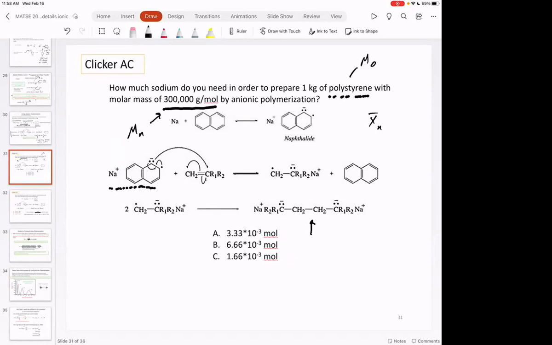And so now we can figure out, okay, this is my degree of polymerization. I've got a sodium on each side, right? Remember this chain, once we make it a chain, once it propagates, single chain with X bar N requires 2 initiator molecules.